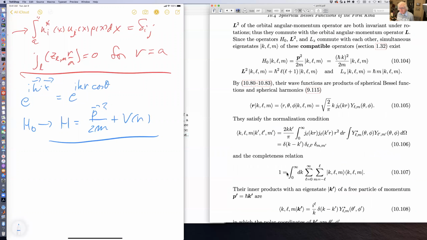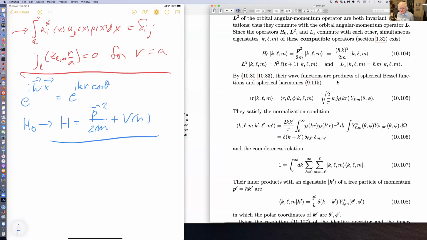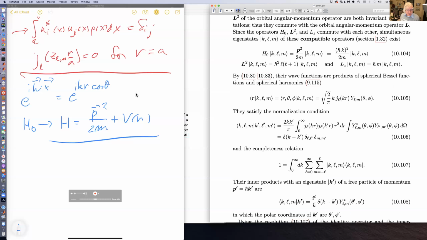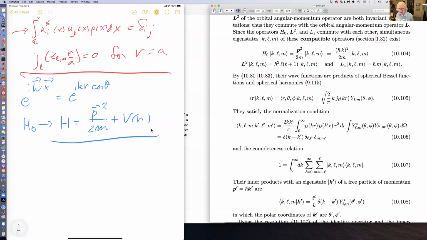And then the wave functions would be products of, well, in the case of H0, the wave functions are products of spherical Bessel functions and spherical harmonics. If we want these things to be eigenfunctions of H, including the potential, then usually the radial function is more complicated, and so it's not just a spherical Bessel function.